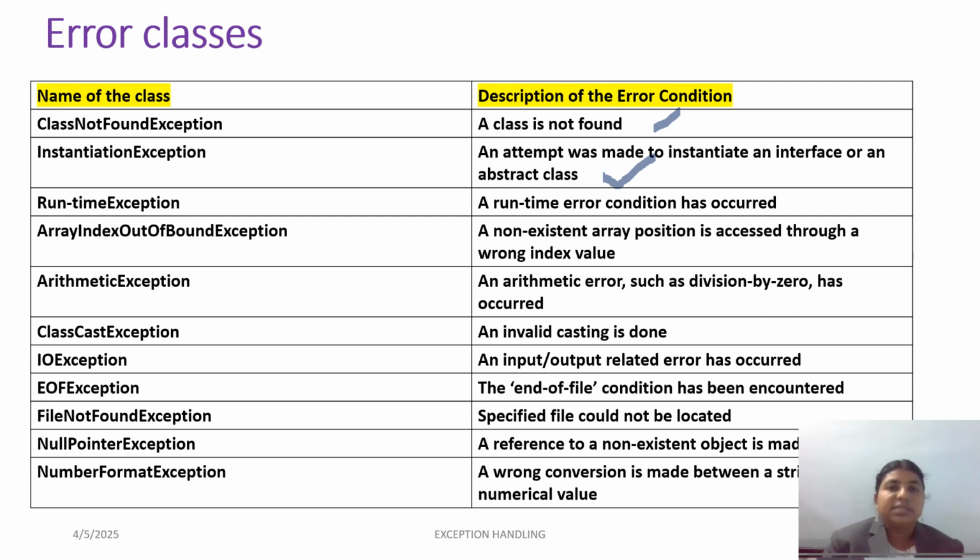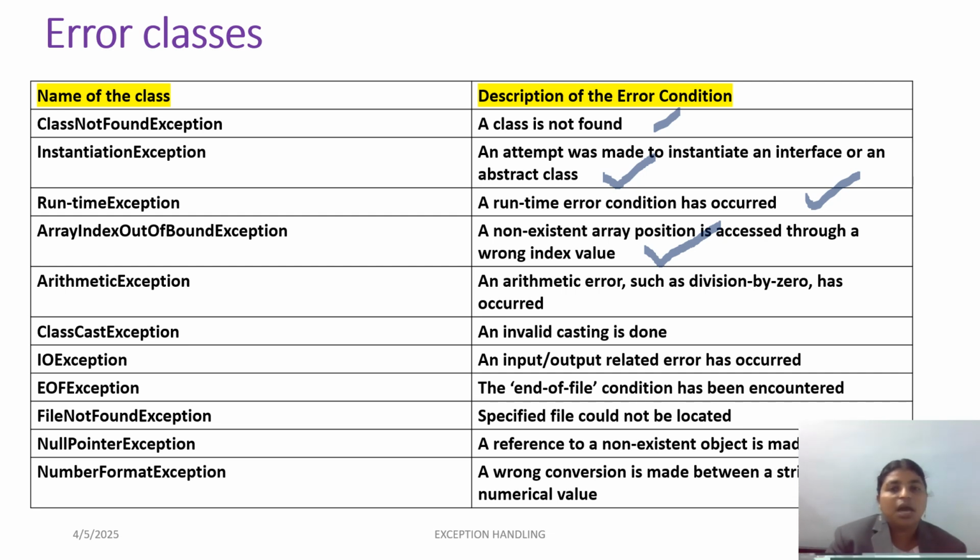RuntimeException occurs because of any possible runtime errors. ArrayIndexOutOfBoundsException occurs because of trying to access a non-existing array position using a wrong index value.